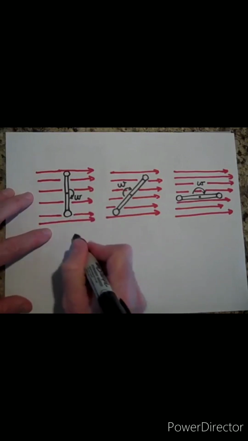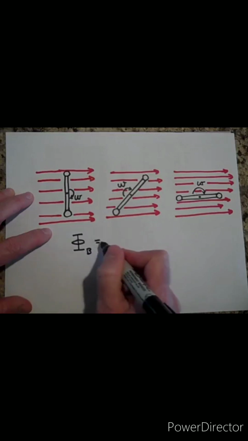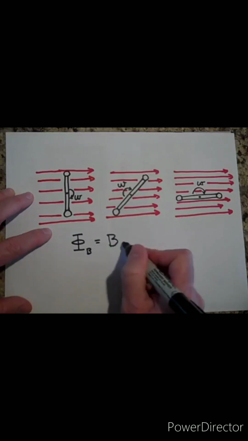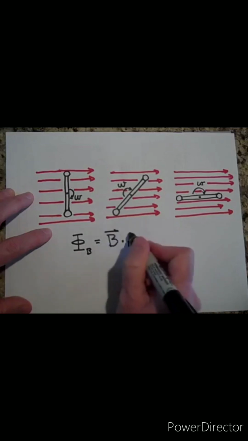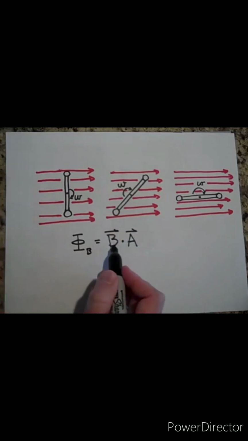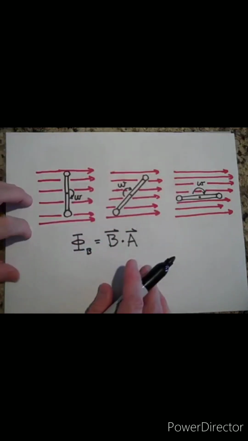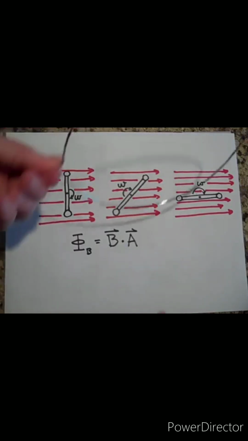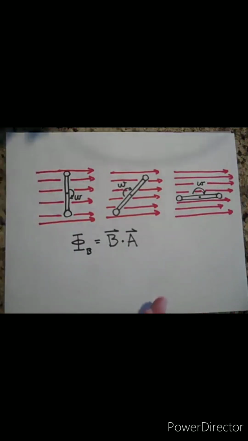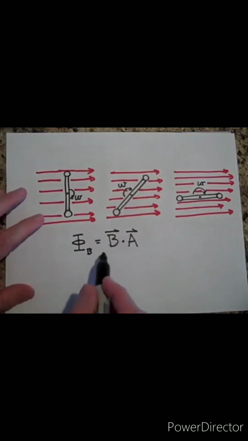The field is going to be uniform, and the flux is going to be B dot A. B is not changing because B is always uniform in my setup. What is changing is the area vector. The hoop is not changing, it is always the same in area. So what is changing is the orientation that the hoop makes with the field. And so that's how you're changing your flux.